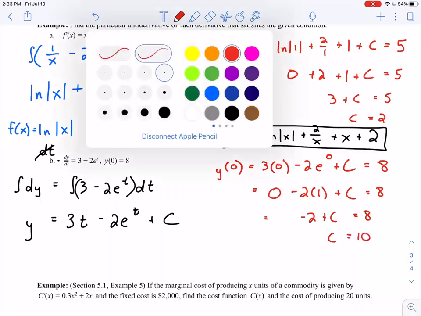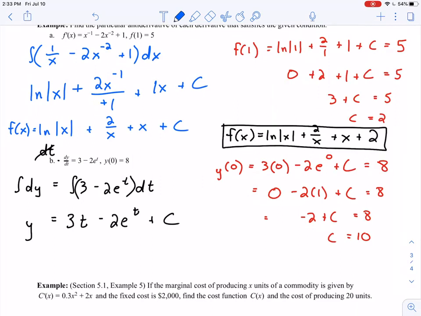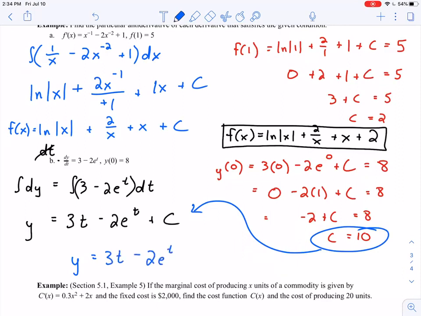So for my particular antiderivative, I just want to take this c equals 10 and plug it into my equation. So y equals 3t minus 2e to the t plus c, but we just said c is 10. So here is our particular antiderivative.